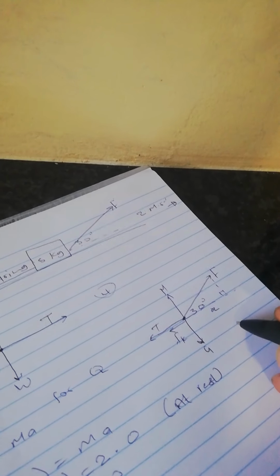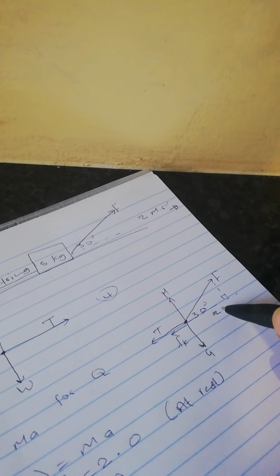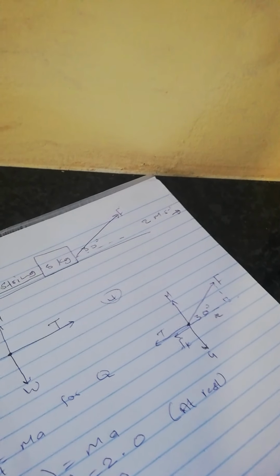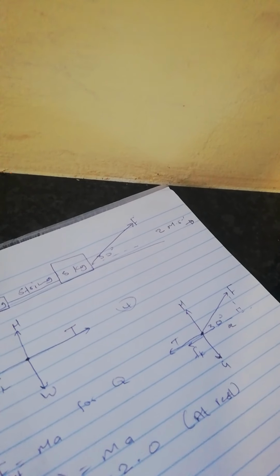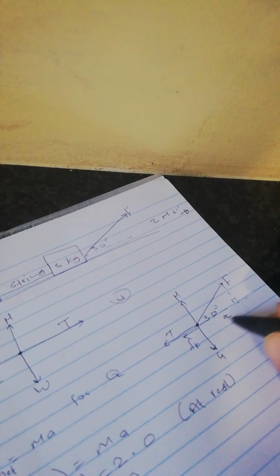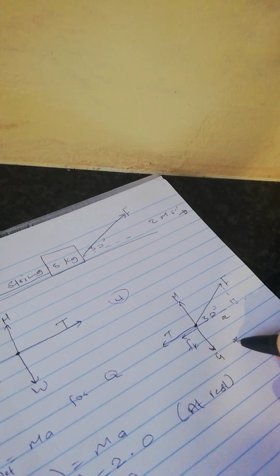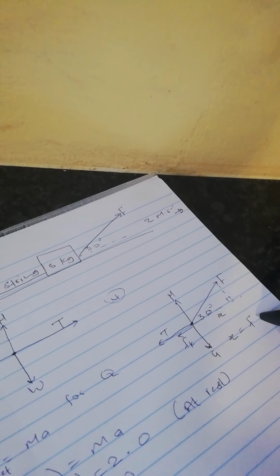Okay, let's bring back our imagination of working with angles, for example, our trigonometry knowledge. If we had to solve for X here, this will be X equal to F cos theta, right?